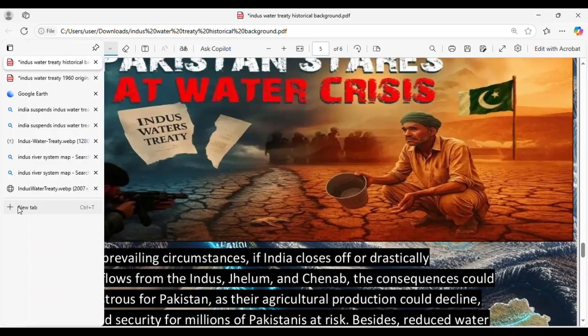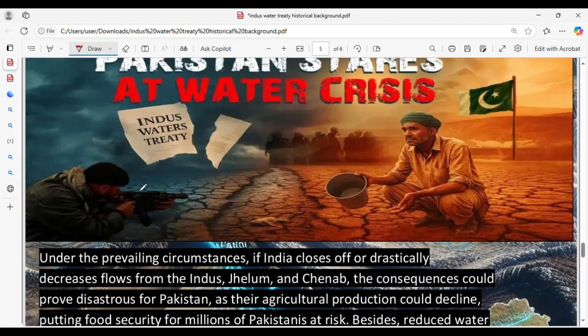And as the picture clearly shows, if you are holding a gun, you cannot ask for water. What does it mean? A very famous statement of Mr. Modi, our Prime Minister, has been in the news and in trend today as well. At the time of the terror attack, Prime Minister Modi said that blood and water cannot flow simultaneously.